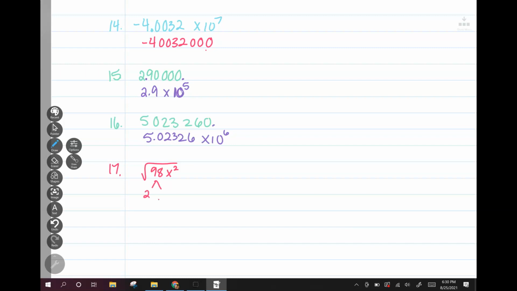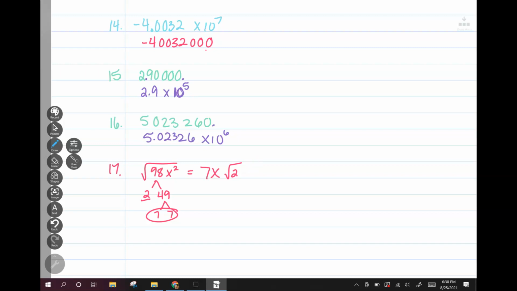Because it's an even number, and that's easy. That is 2 and 49. 49 breaks down into 7 and 7. In order to come out of a square root, you have to have 2 of them. So you get to take a 7 out, but this 2 must stay inside. Look, I have 2 x's, so that means that x gets to come out.